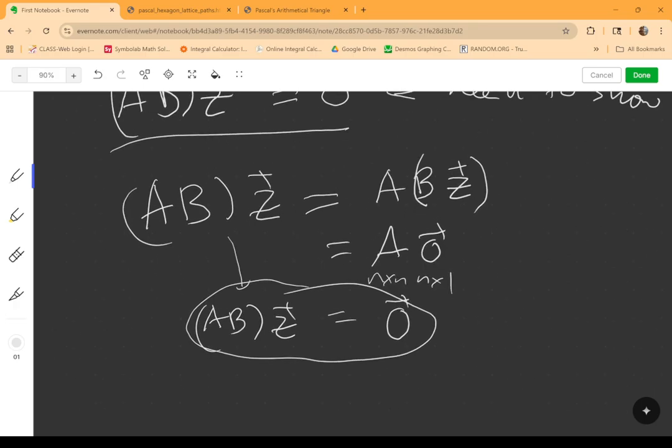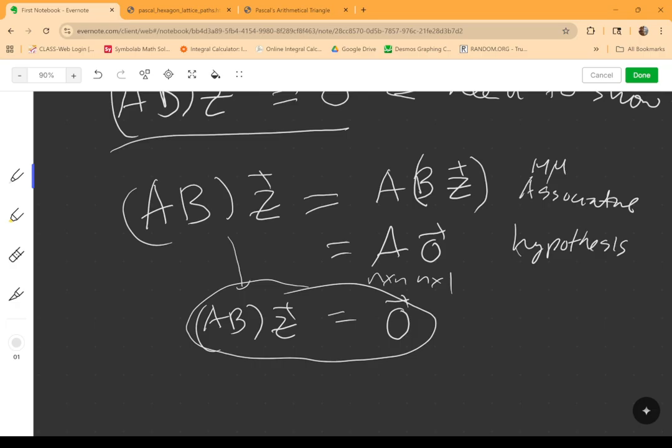Here, matrix multiplication is associative. And then this was part of our hypothesis that we could set it equal to 0, since B is singular.